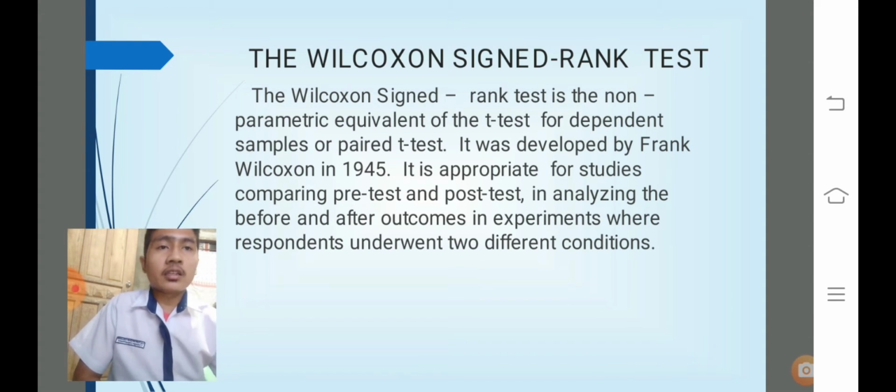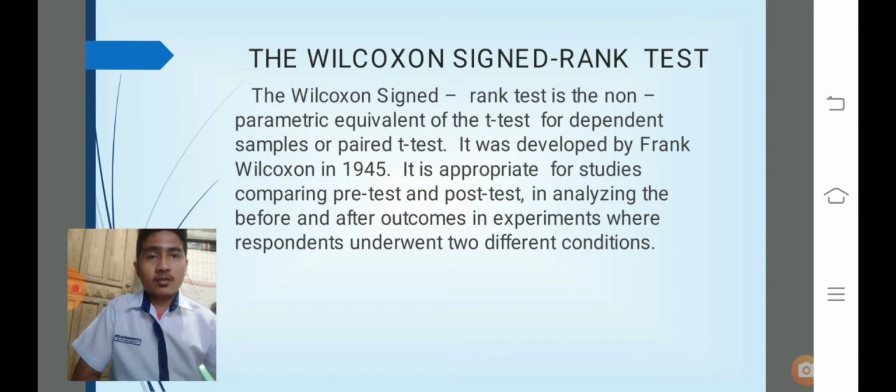Ito po ay rank test is the non-parametric equivalent of the t-test for the dependent samples or paired t-test. It was developed by Frank Wilcoxon in 1945. It is appropriate for studies comparing pre-test and post-test in analyzing the before and after outcomes in experiments where the respondent underwent two different conditions.